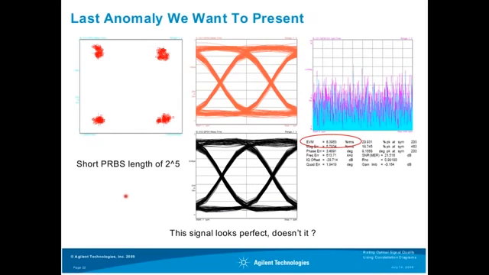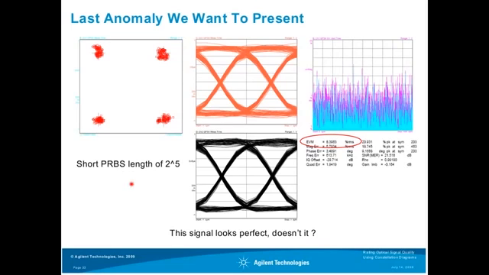So the last anomaly I would like to present is also very interesting. We have here a constellation diagram with a very good constellation. We can see the ideal representation again with these crosses, and the constellation is centered around these crosses.